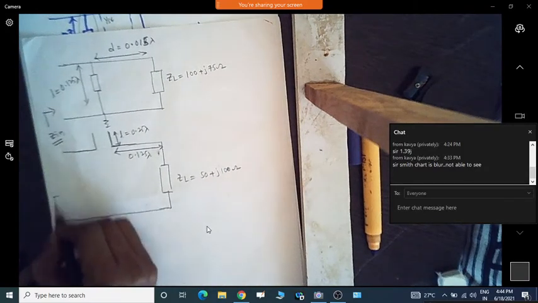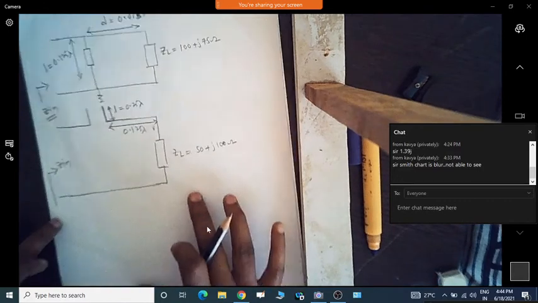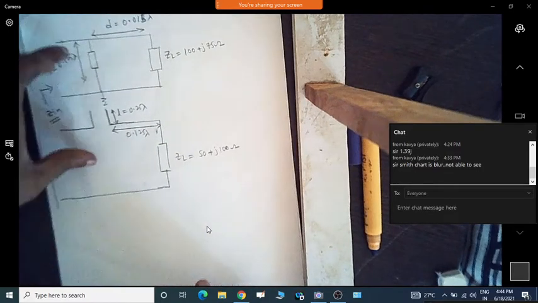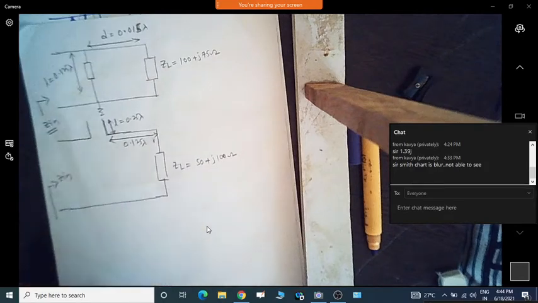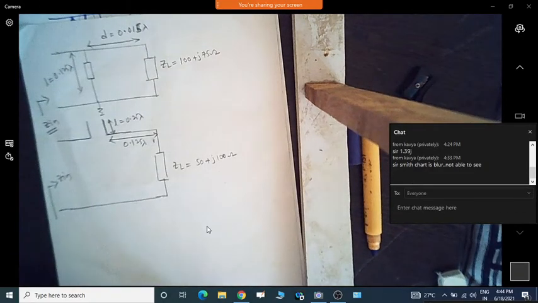Now find out the input impedance. So try to do these two problems. If you don't get them, I will work them out in the Smith chart and we can discuss these two types of problems. Okay, is it fine?